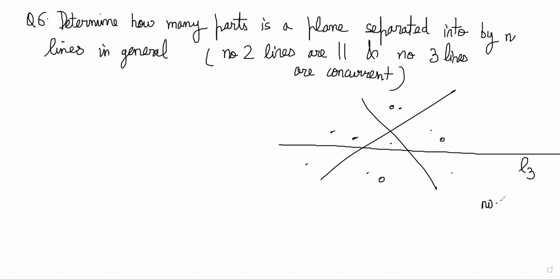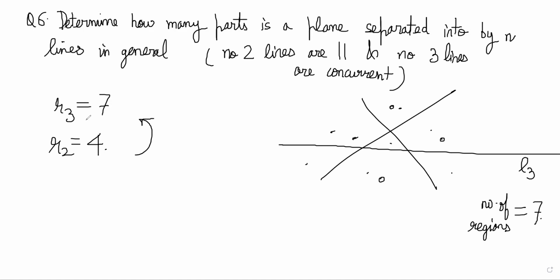So R3, the number of regions for 3 lines, is 7, when R2 was 4. So introducing an extra line has increased the number of regions by 3.